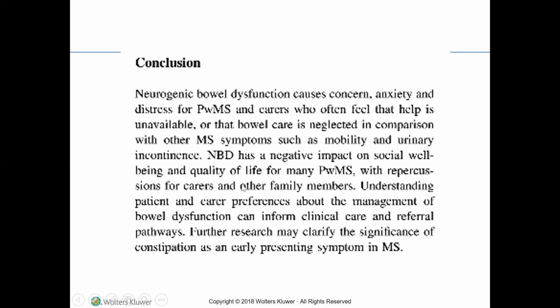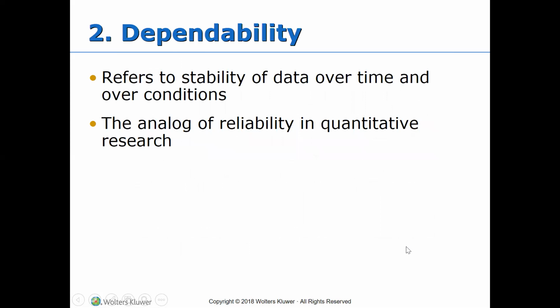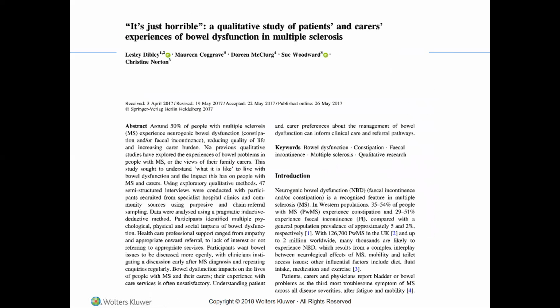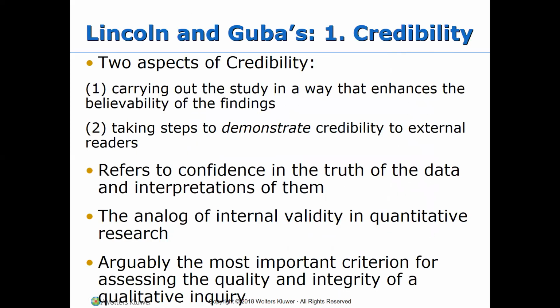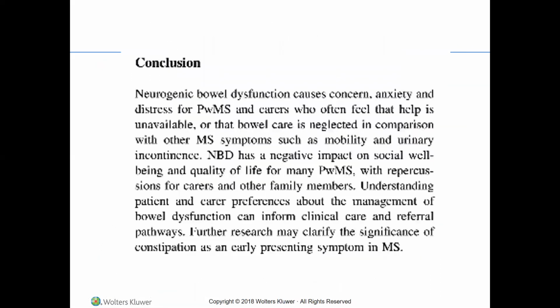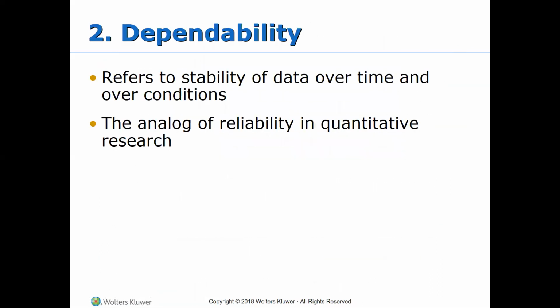They could have studied this as an ethnographic study by going and living with each family and making observations during their time living with families about bowel dysfunction. What if they lived with 7 different families for a week each and then made recordings about that? That might be an ethnographic approach to this. So this is just what this credibility looks like when you're reading a study. So this is always kept in the back of the mind of the reader.